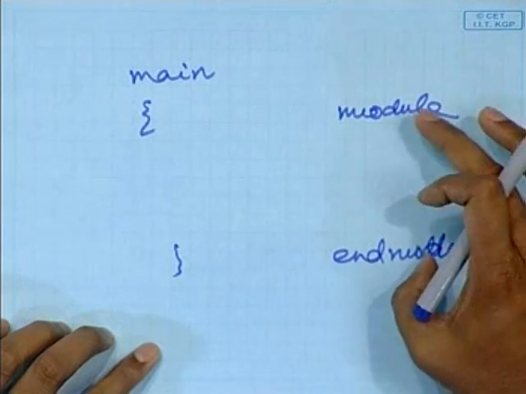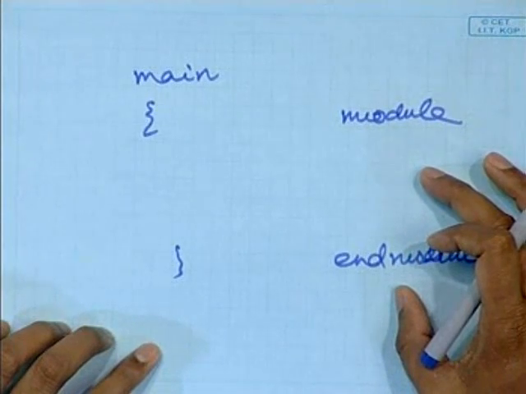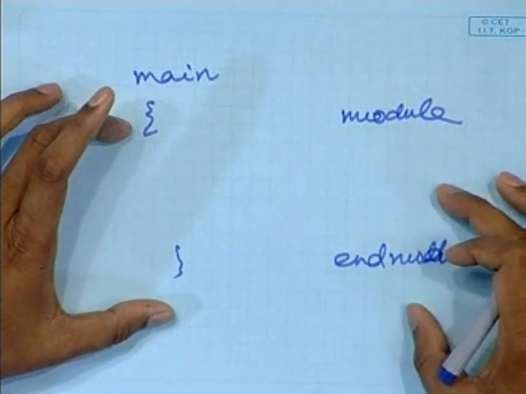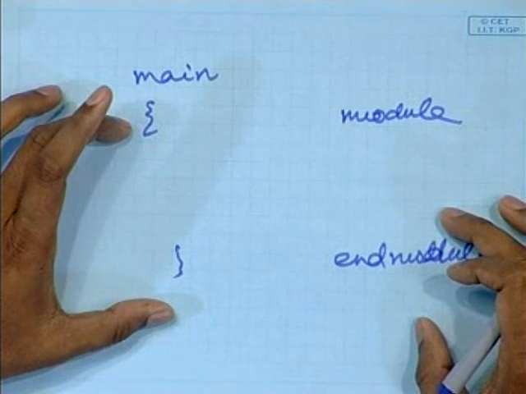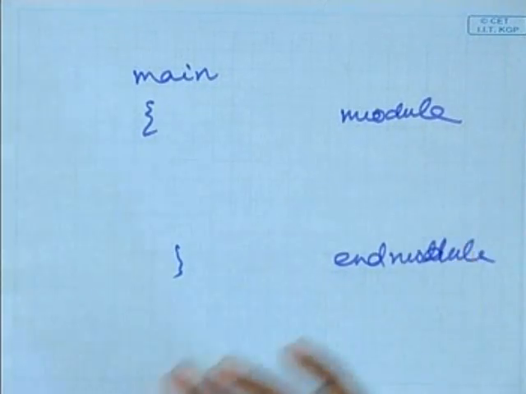Everything you have to describe between module and endmodule, like curly brackets. Clear?